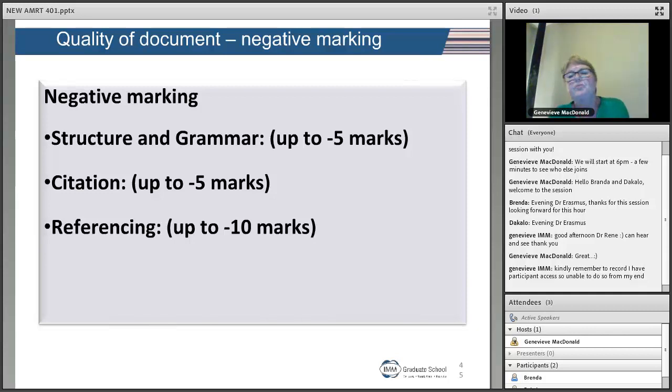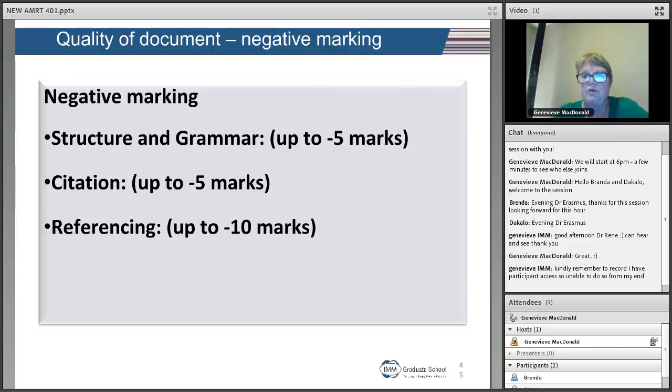Okay, negative marking, please. I mark so many pages where so many people maybe did not have such a strong exam or assignment, and then they come up to this negative marking and they fail. Because your structure and grammar, please look at the information at the end of your assignment, but also in the tutorial letters, up to 5 marks that you can lose.